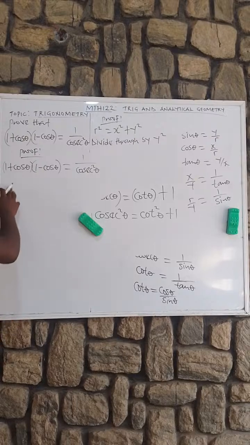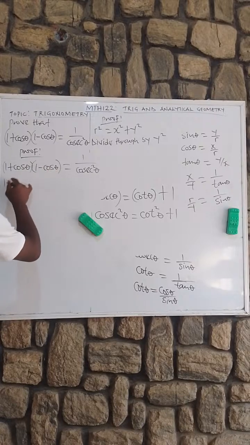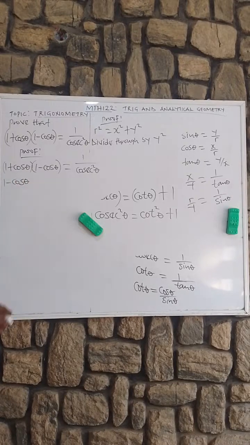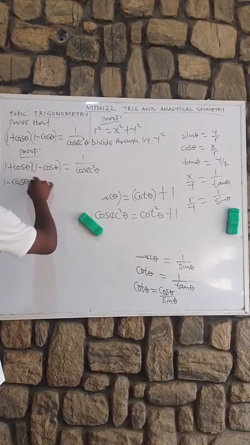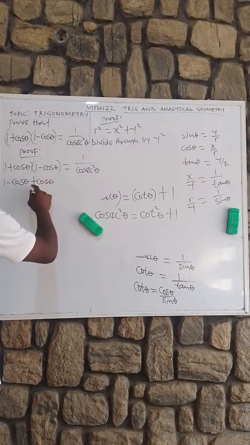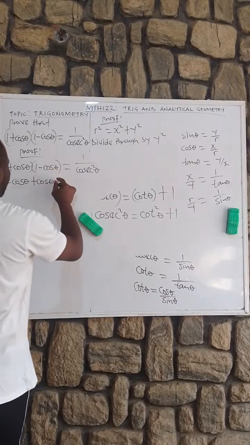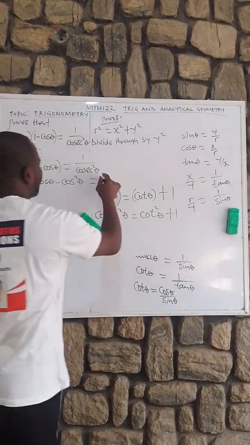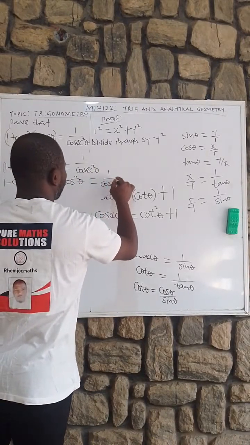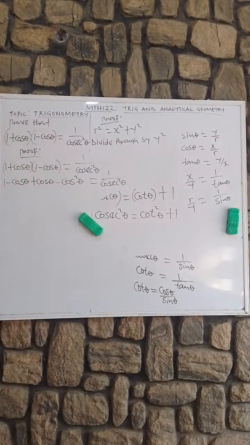So let's multiply. 1 times 1 is 1. 1 times minus cos theta is minus cos theta. True or false? It's true, right? Then cos theta times 1, here will be plus cos theta. Then plus cos theta times minus cos theta, we are going to have minus cos square theta, which is equals to 1 all over cosec square theta. So far so good.